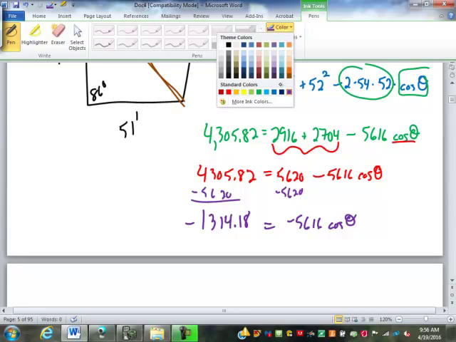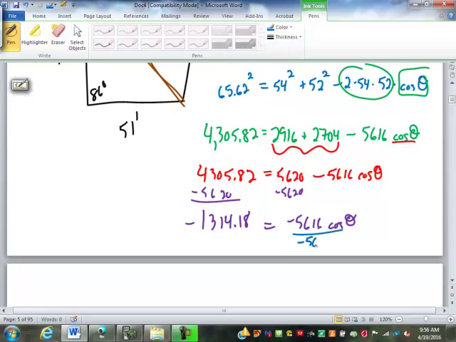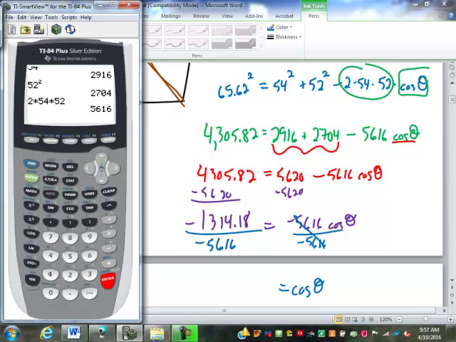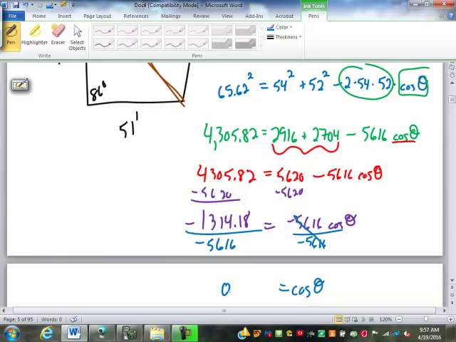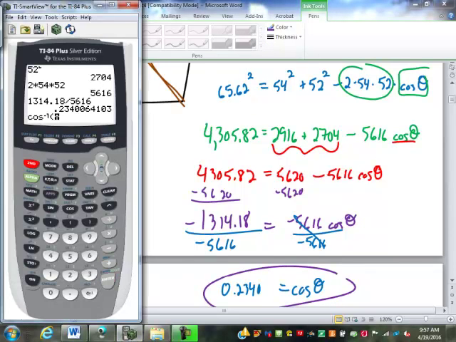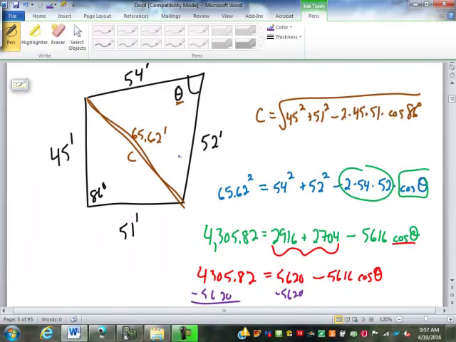And now I'm going to divide by a negative 5616. So cosine of theta is going to equal whatever I get dividing that. Now a negative divided by a negative is a positive. So 1314.18 divided by 5616. I left the negatives off because I know it's going to be positive. So 0.23400. So theta is the inverse cosine of that. So second cosine, second answer: 76.46 degrees, 76.5 degrees is what I rounded it to.